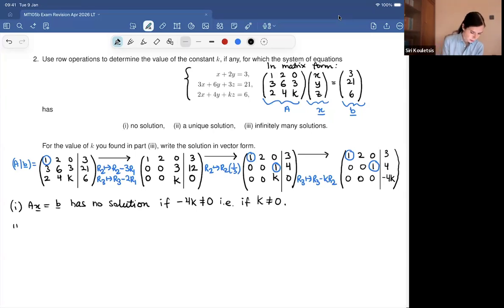Now, how about a unique solution? Is there a value of k that would make this system have a unique solution? Have a think about it. You know systems with a unique solution very well from Mathematics 1, because that was all we covered in that course. Is there any value of k that can satisfy that?